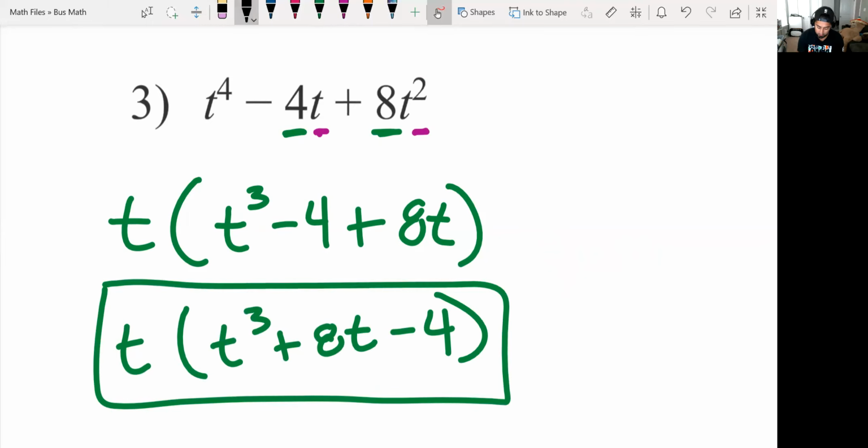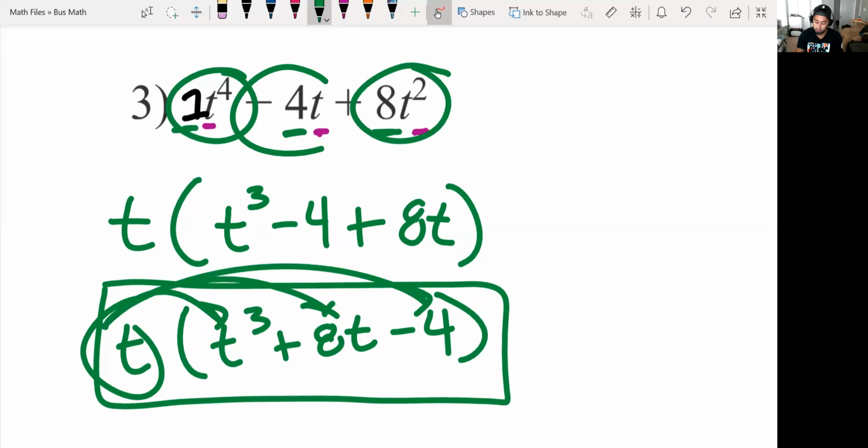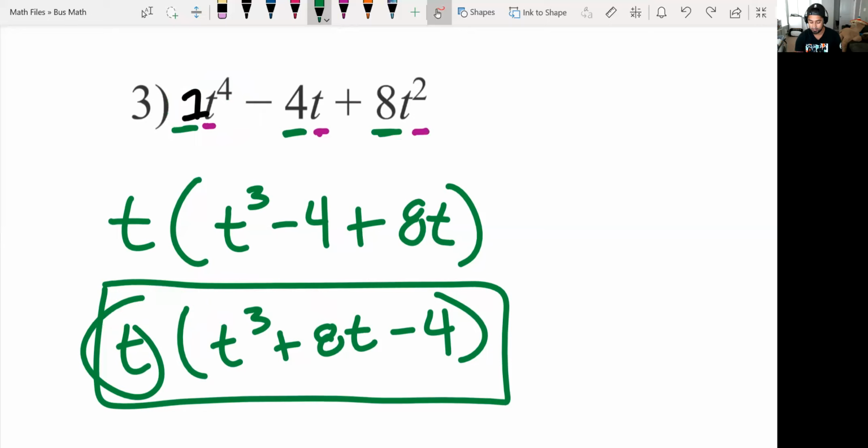If you checked your work, t times t cubed is t to the 4th. T times 8t is 8t squared. And t times negative 4 is negative 4t. It all checks out.